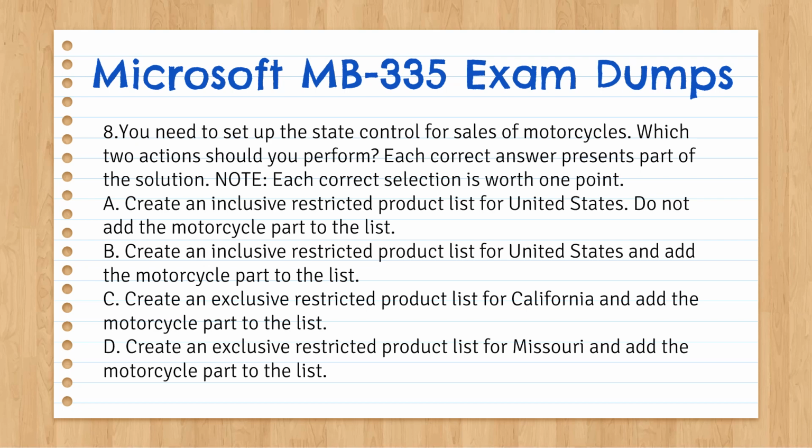B. Create an inclusive restricted product list for United States and add the motorcycle part to the list. C. Create an exclusive restricted product list for California and add the motorcycle part to the list. D. Create an exclusive restricted product list for Missouri and add the motorcycle part to the list.